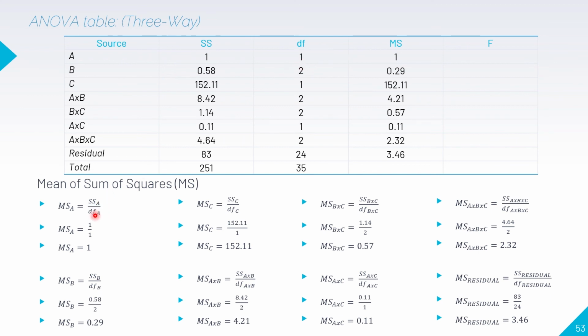So SSA over dfA, that is 1 over 1, we have our MSA equals 1. Then 0.58 divided by 2, and so on, dividing each SS by its df, and the residual divided by 24 gives us 3.46. And now we have our MS, or mean of sum of squares.